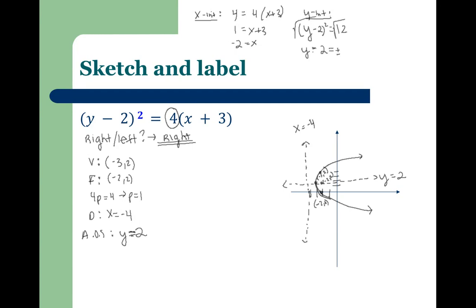Plus or minus 2 root 3, because that's 4 times 3. So I get y equals 2 plus or minus 2 root 3. So this point right here is going to be 0, 2 plus 2 root 3. This point right here is going to be 0, 2 minus 2 root 3.